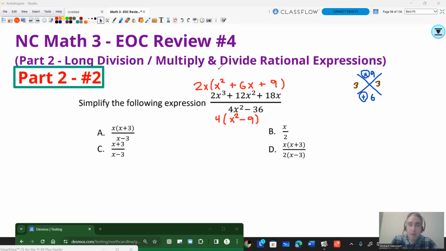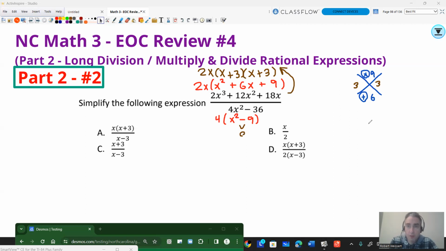So that set of parentheses is going to be x plus 3 and x plus 3. X plus 3 times x plus 3 will give you x squared plus 6x plus 9. Don't forget you also have a 2x on the outside, so that's going to be your final form of the numerator. The denominator, x squared minus 9, well, the middle term is 0.